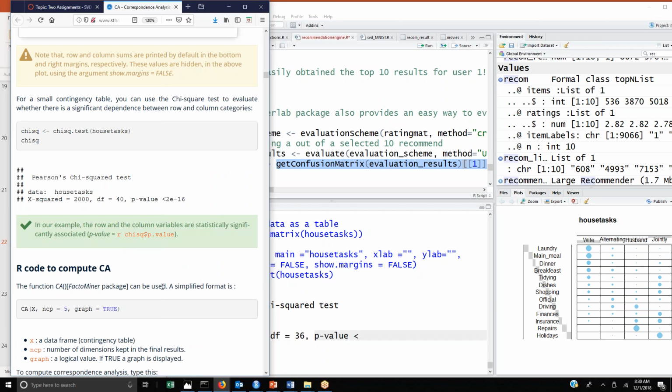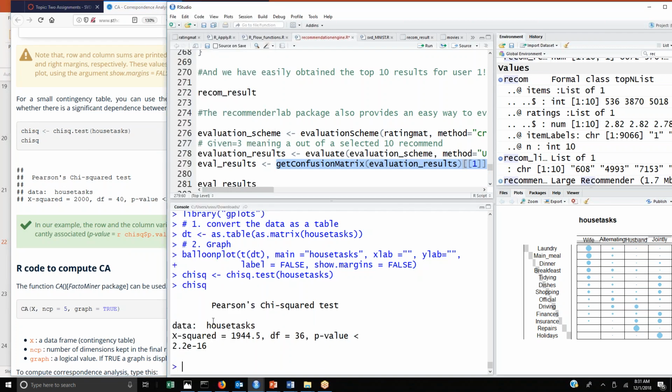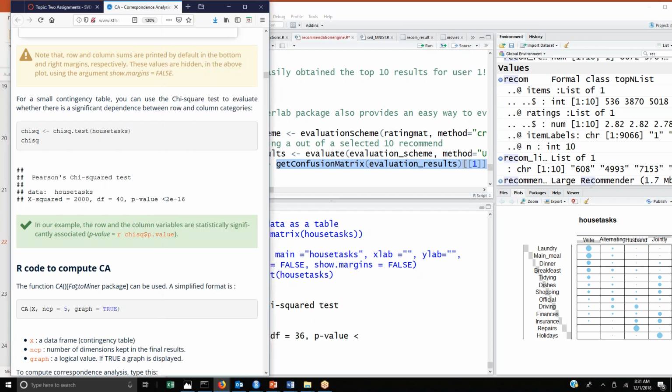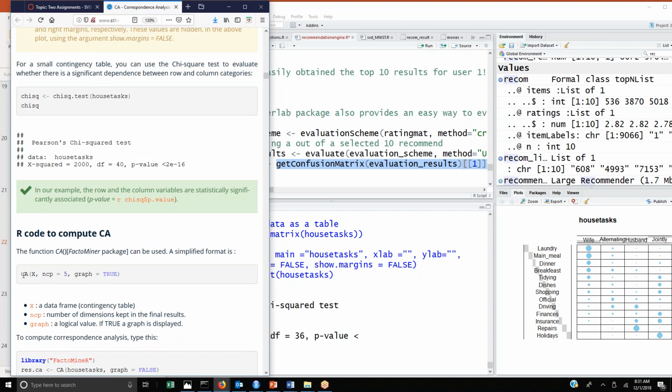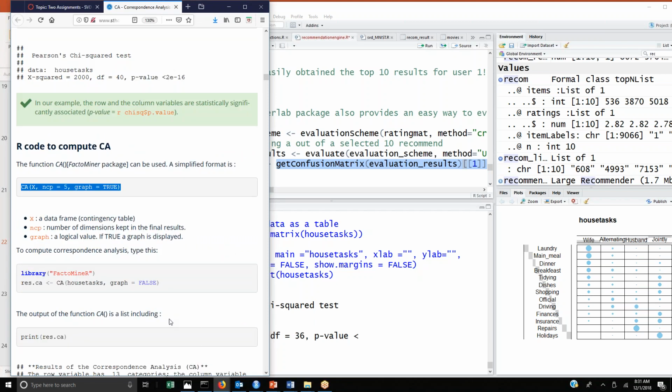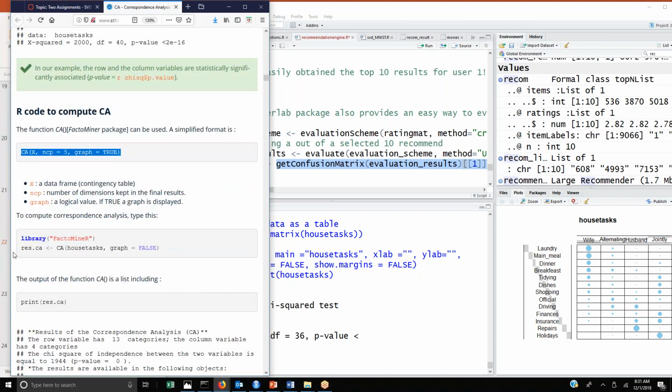Okay, good. Association is established, but the next question is whether we can take only the important dimensions. In the end, that is really what we are trying to do. You don't necessarily have to do this first, but I'm just doing it. We check the association initially, and then do the next thing, the correspondence analysis.